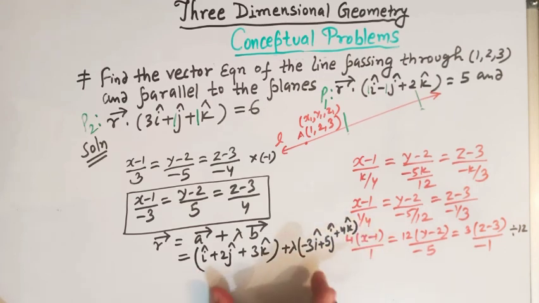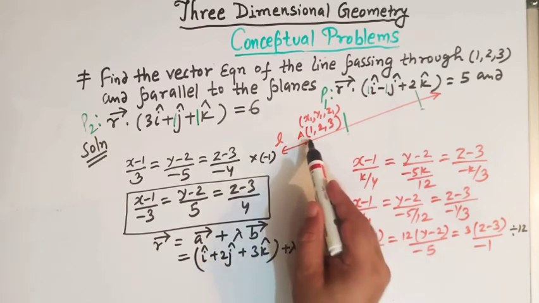So this is the vector equation of this line, and here this point represents the point through which the line passes.